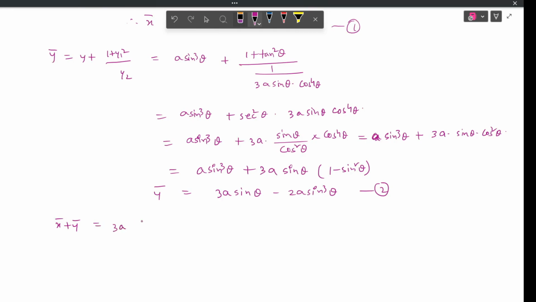So it would be 3a cos theta plus sin theta minus, if you take 2a common, it will be cos cube theta plus sin cube of theta.